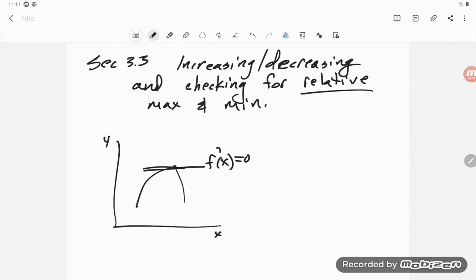Just because the derivative is 0 and we get a value there, we may not have anything to compare it to, because we're not necessarily on a closed interval, and so we don't really know what's happening outside our little neighborhood. We're really just looking in the neighborhood of what's going on whenever we talk about the relative max and min.